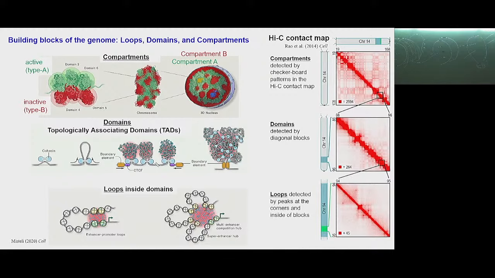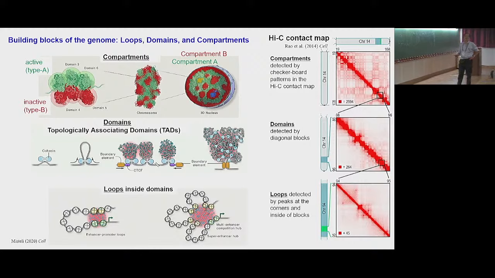The transcriptionally active, rather open chromatin domain is type A, and transcriptionally inactive chromatin in the heterochromatin region is type B. Type A domains tend to gather together to form compartment A, the larger structure. And the type B domains tend to gather together to form compartment B, like this.